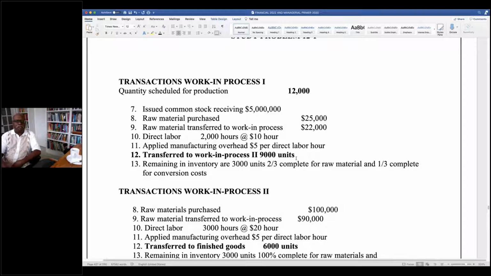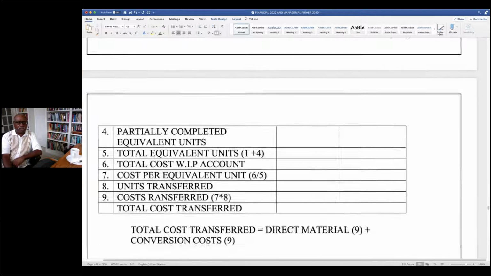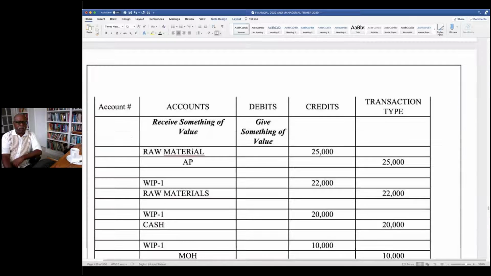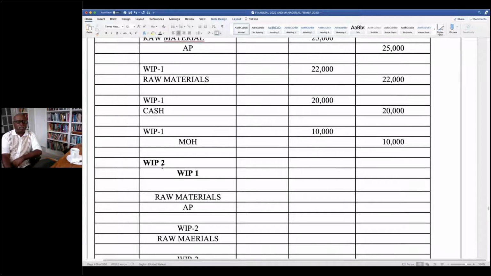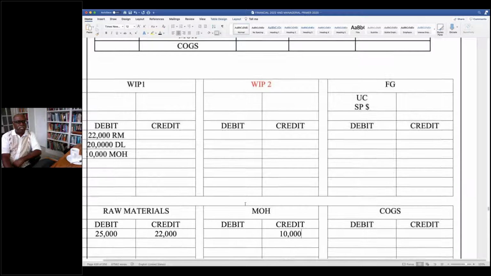And how much of this cost in this account are we gonna transfer out? So we know that we gotta make an entry, debiting work in process 2 and crediting work in process 1. And we look at the T account, it's 22, 20, and 10,000. How much is that all total? 52. So how much of this are we gonna transfer out?